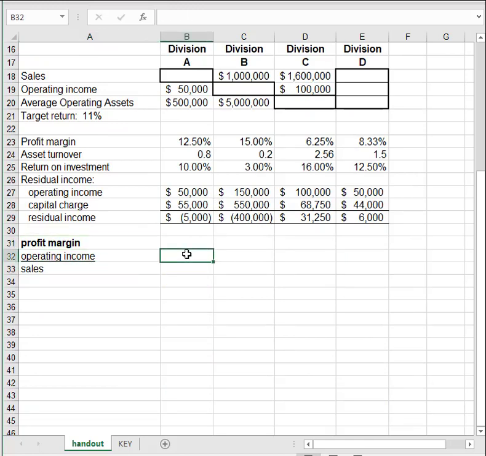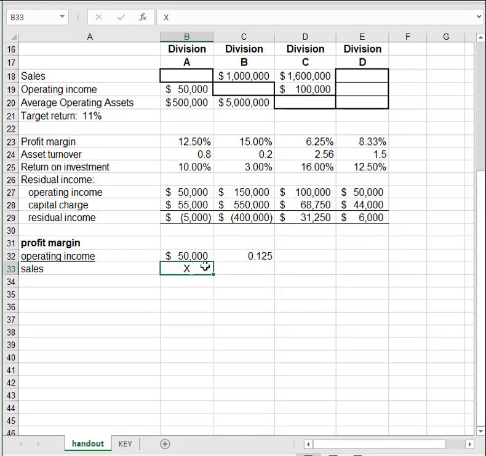All right, and so for division A, I know operating income because they gave that to me. And so sales is X, the thing I'm trying to solve for, and profit margin equals 12.5%. So that expressed as a decimal is 0.125. So now this 50,000 is 0.125.